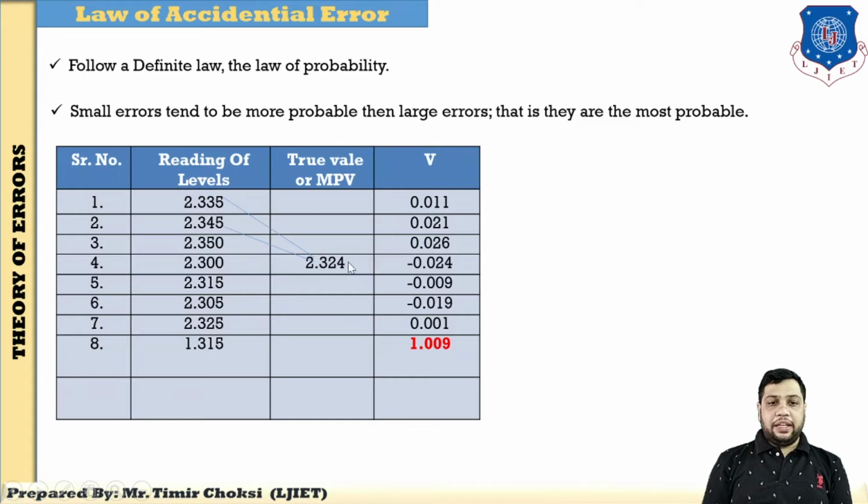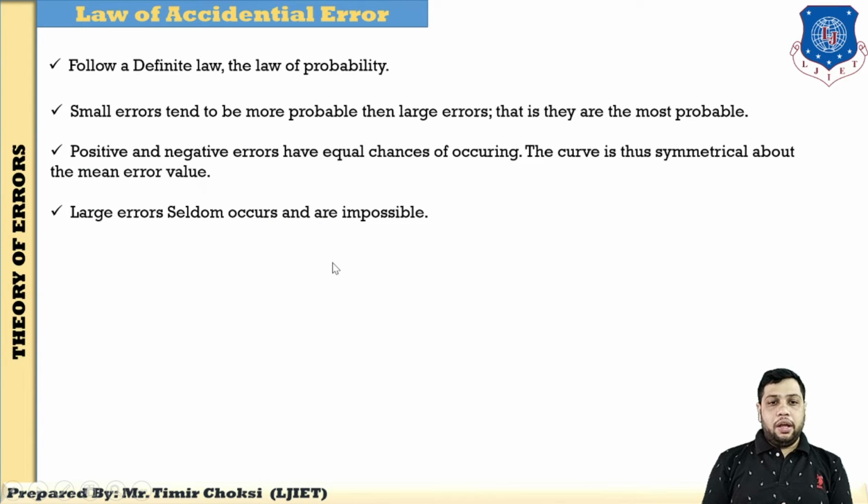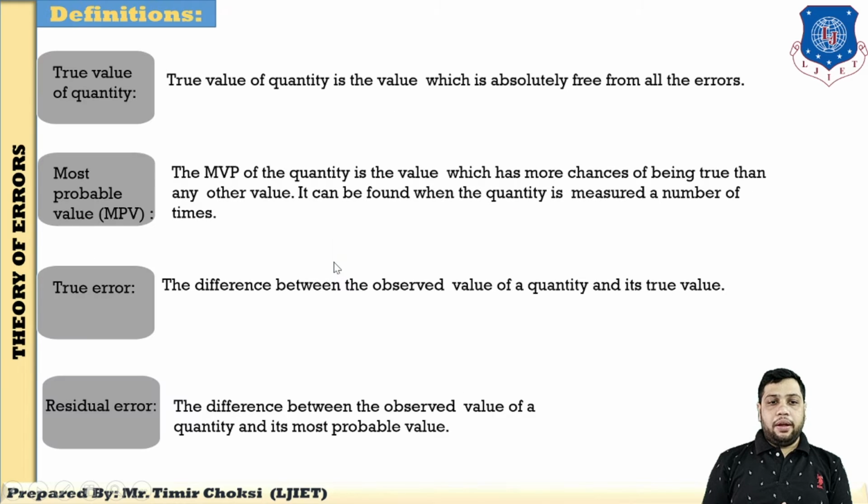So we can get the most probable value, which has more chance of being the true value. So the value which has more chance of being the true value than any other value is called the most probable value.